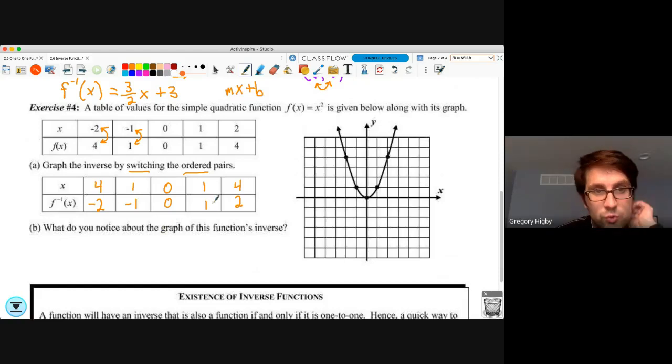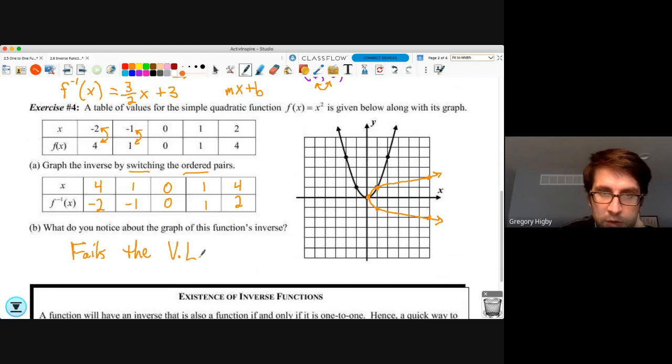So if I were to graph these ordered pairs, (1, 1), (1, -1), (4, -2), and then (4, 2), what you'll notice is we have this graph that fails the vertical line test. So what do I know about this function's inverse? Well, it is not a function.